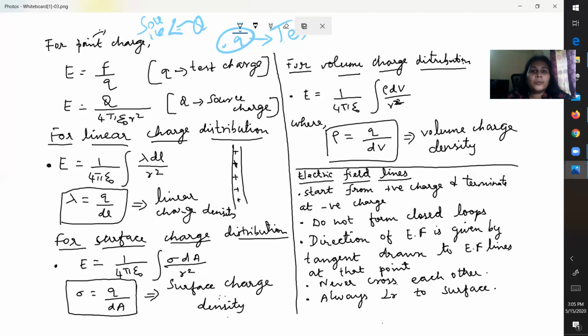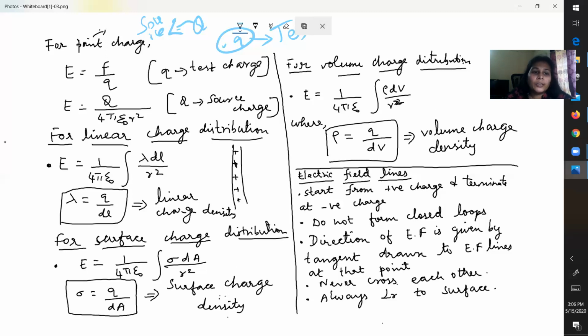Next, suppose the charges are distributed in a whole volume, then the electric field is calculated using the formula E equals 1 by 4 pi epsilon naught integral rho dV by r square. Here again rho equals Q by dV.